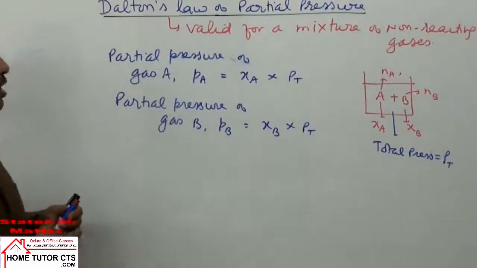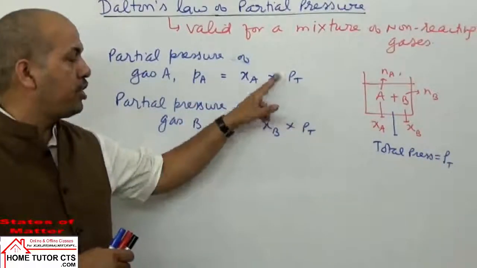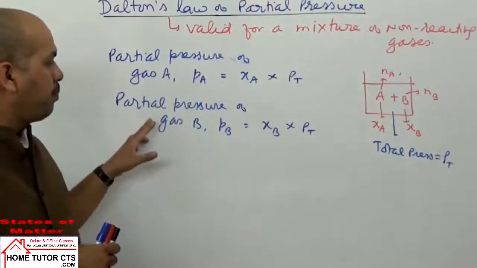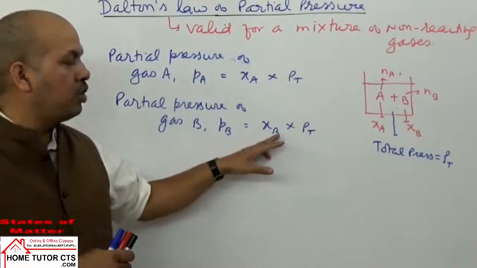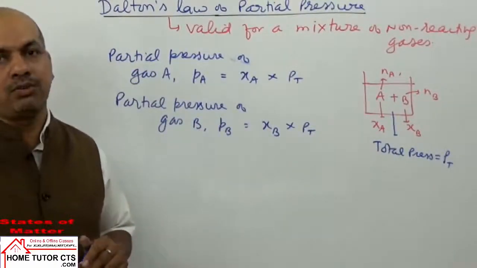That is the calculation of partial pressure of gases A and B. Mole fraction of that gas into total pressure will give the partial pressure of each gas.